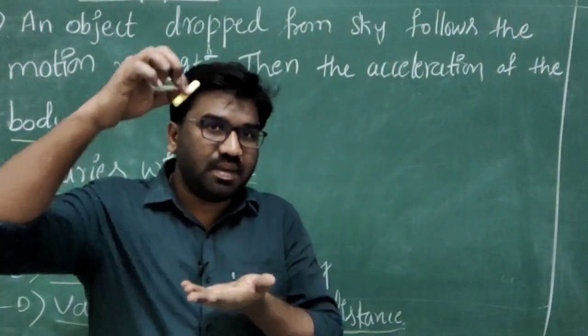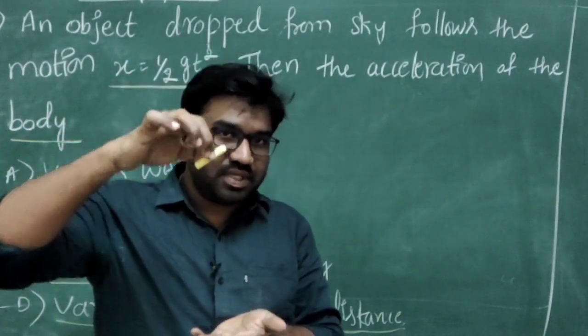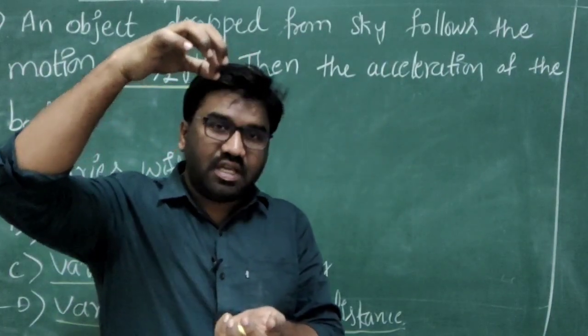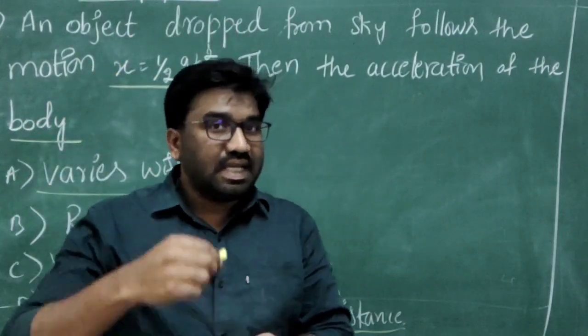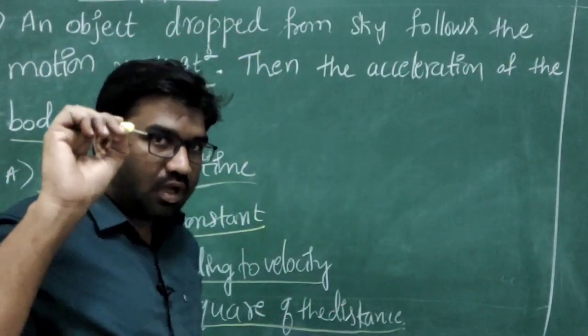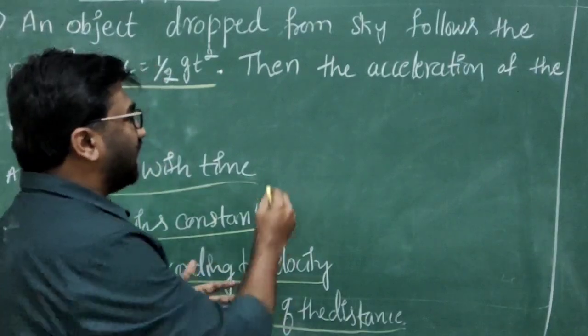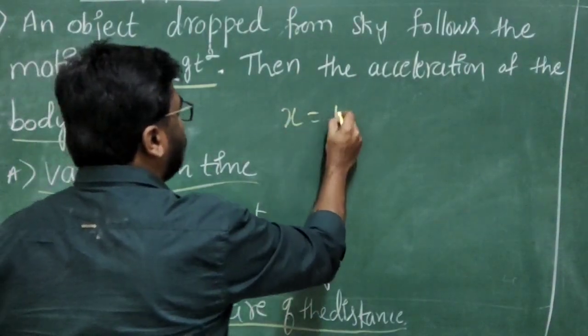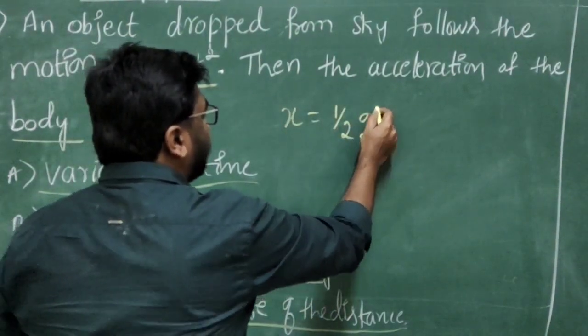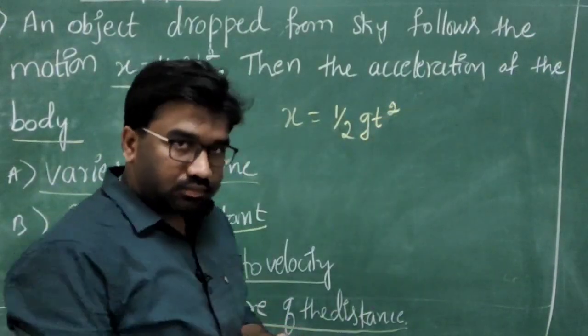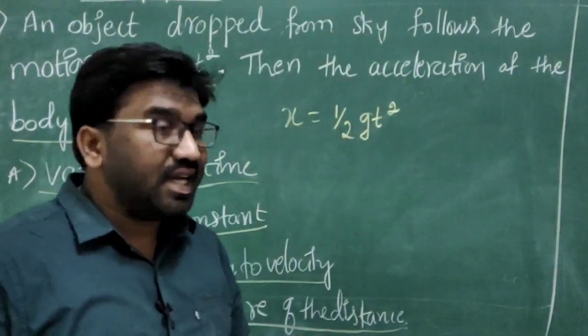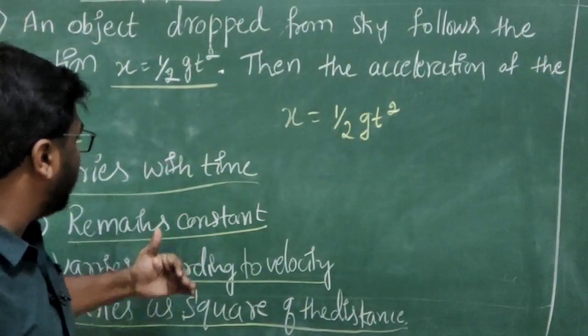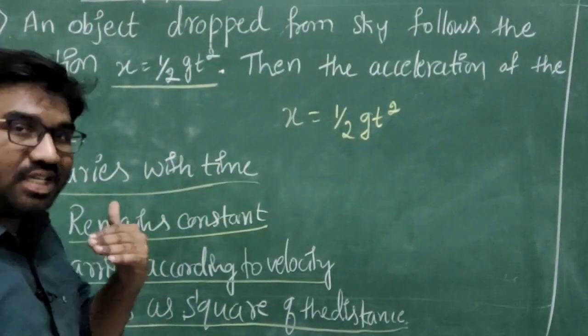An object dropped from the sky follows the motion x is equal to half g t squared. Let us consider, for example, this chalk piece which is dropped from the sky and falls, and the equation for this chalk piece or particle is x is equal to half g t squared. We should calculate the acceleration, whether it depends on time or is constant.